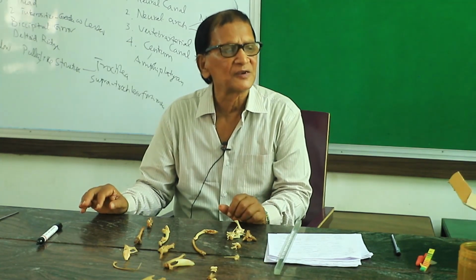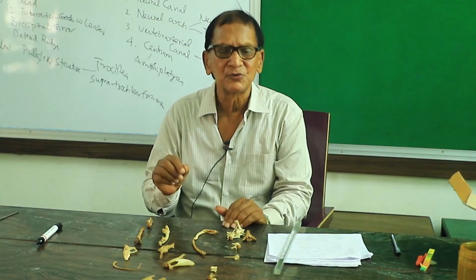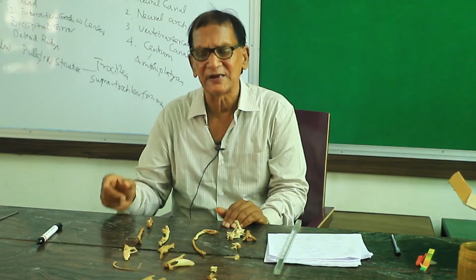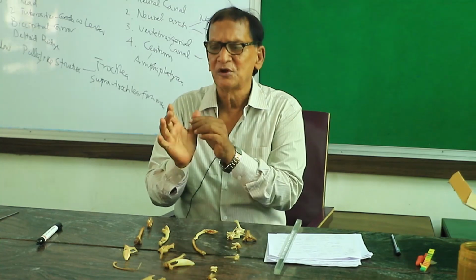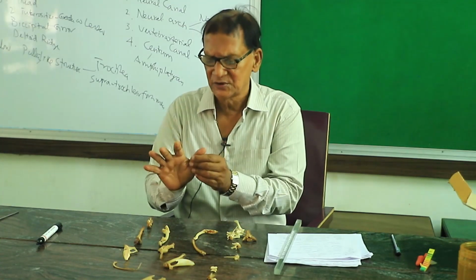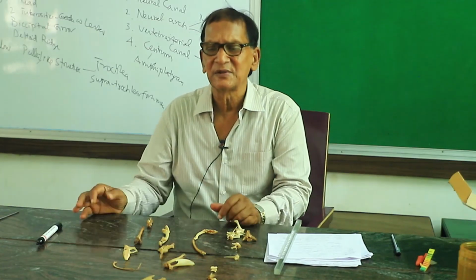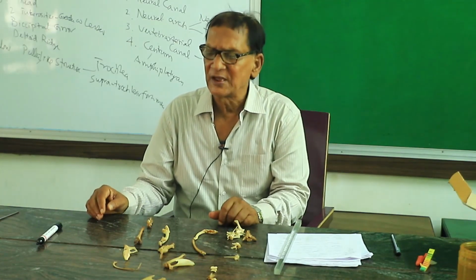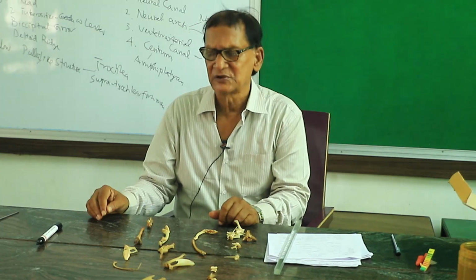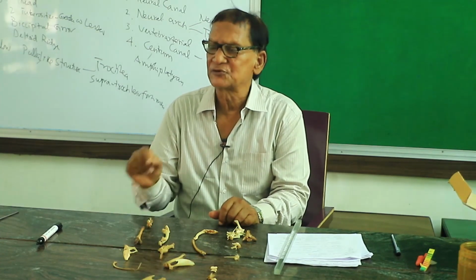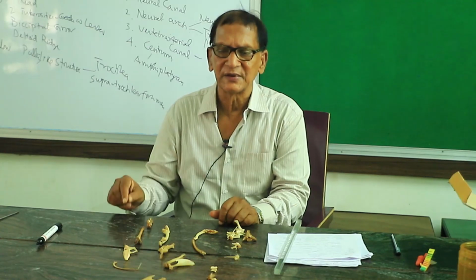The phalangeal formula is the same for both the forelimb and the hind limb: 2, that means 2 phalanges are present in the first toe or finger, and then the rest of the fingers and toes have 3 phalanges each. So the phalangeal formula is 2, 3, 3 and 3.